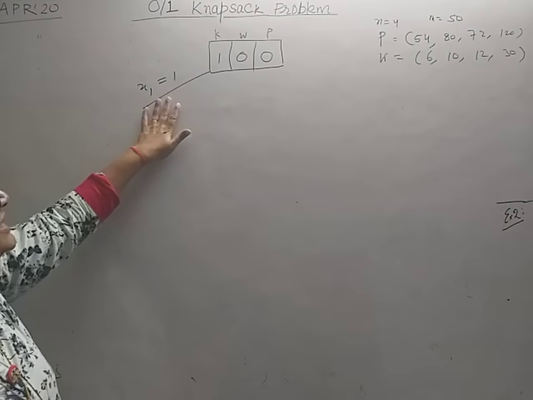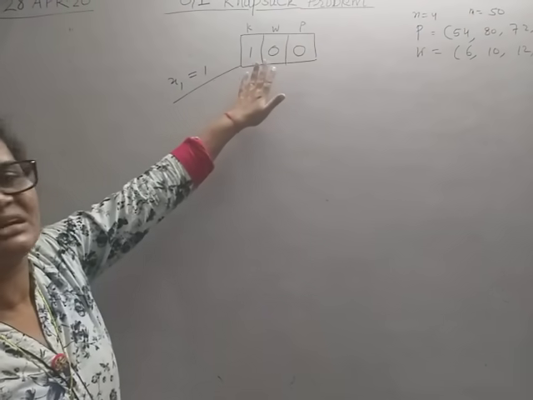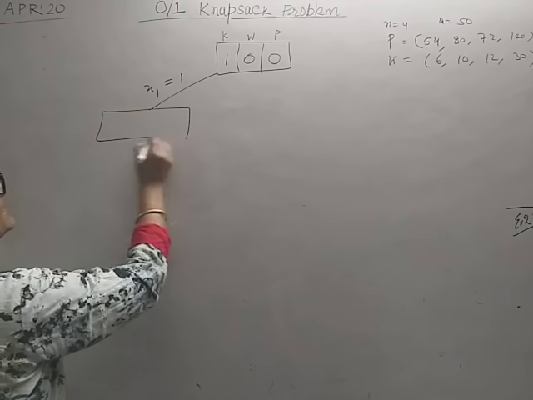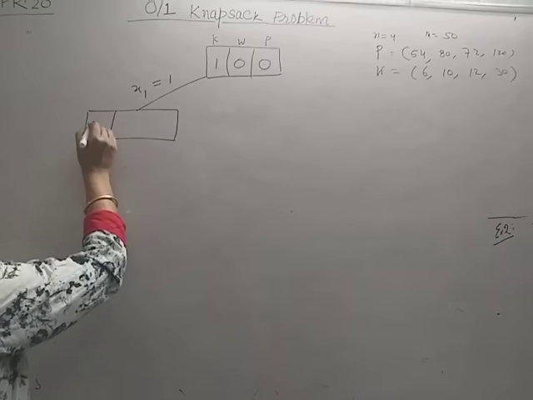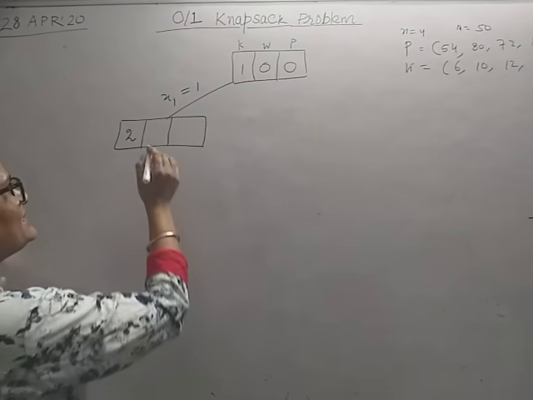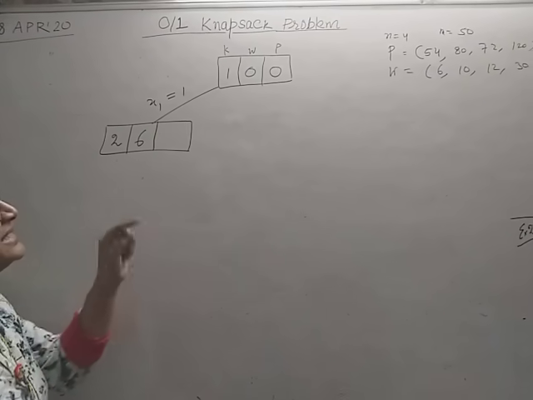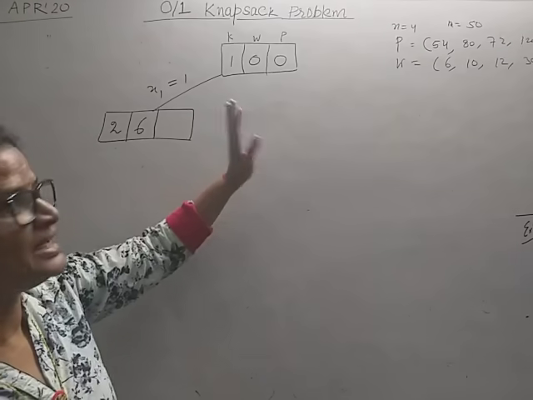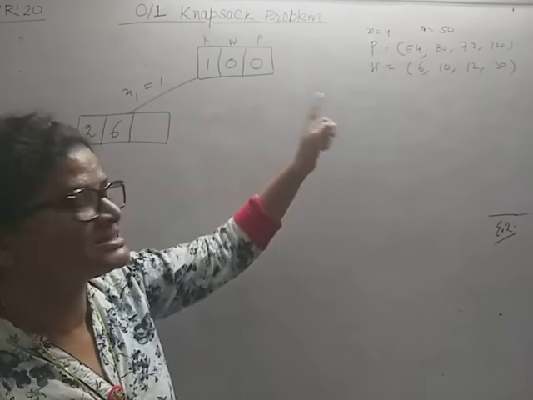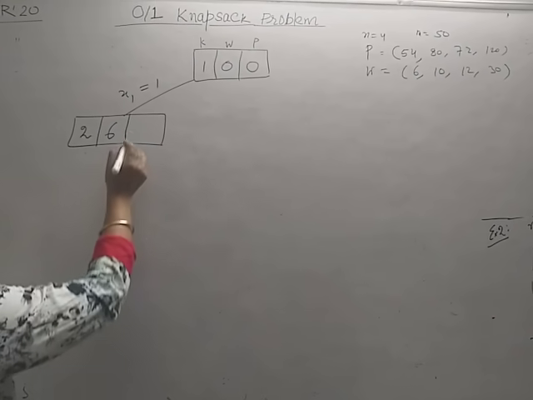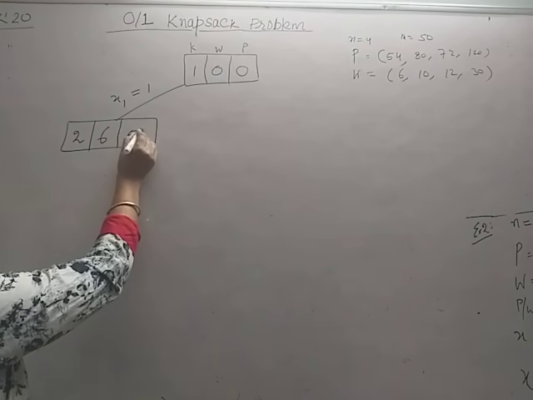After adding the first object into the knapsack, what will be the situation? We recursively call k equal to 2, and now the weight in the knapsack is 6, as the first object is included, and the profit earned is 54.